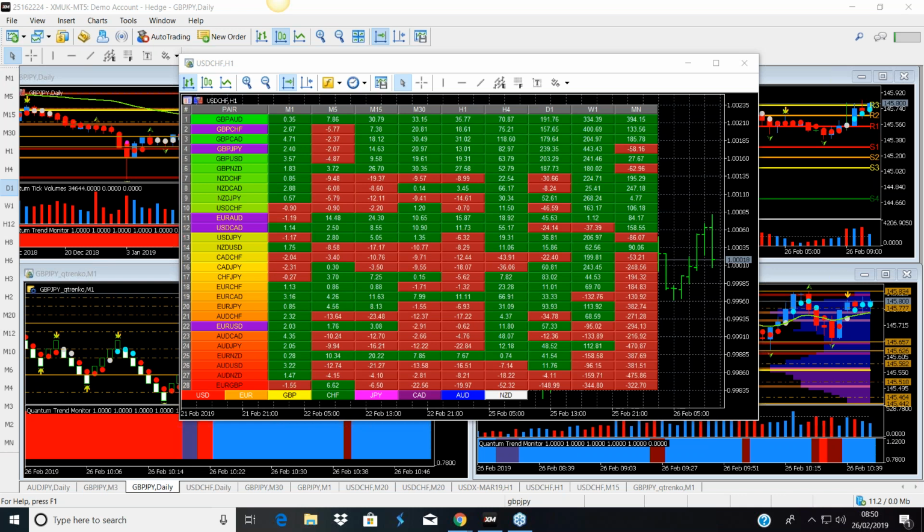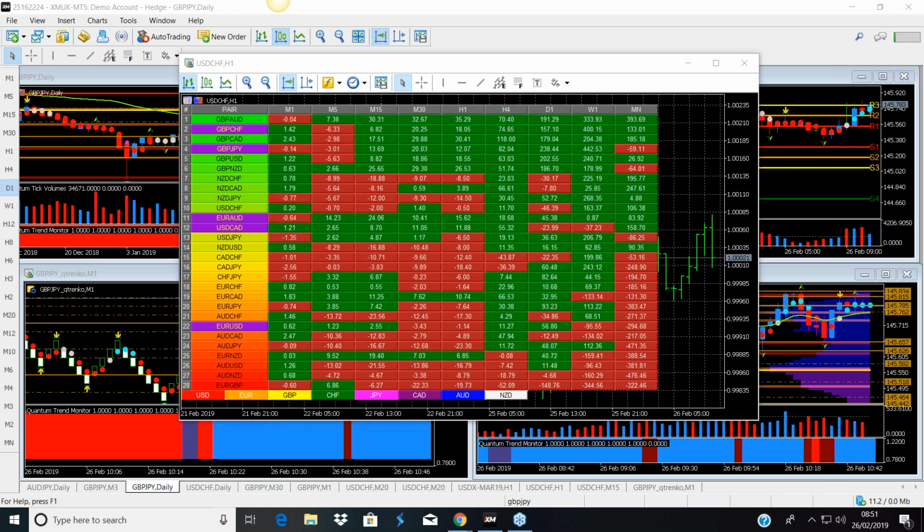So for example, at the moment at the top there we've got the pound Aussie. It's green right the way through the spectrum of time frames. At some point, the bearish sentiment that you're seeing in a very minor way on the 1 minute will start to ripple through to the 5 minute, and ultimately to the 15 minute, and then to the 30, and so on and so forth. And at that point, the pound Aussie will start to move lower, come down the ranking ladder, not in a fast way, but in a relatively measured way.